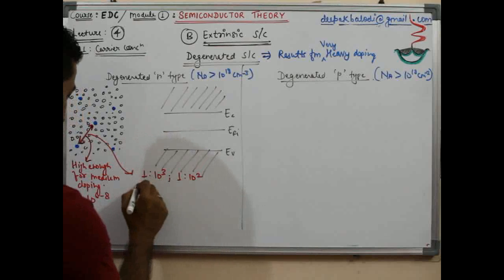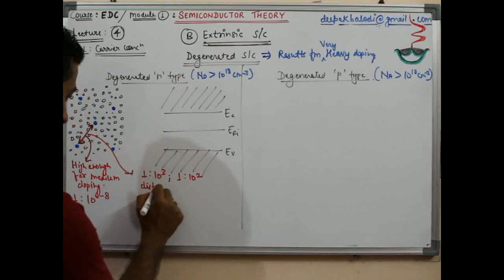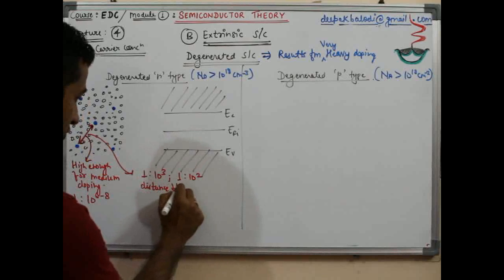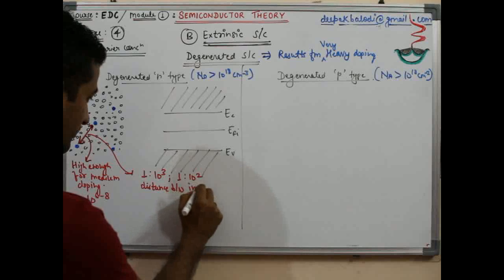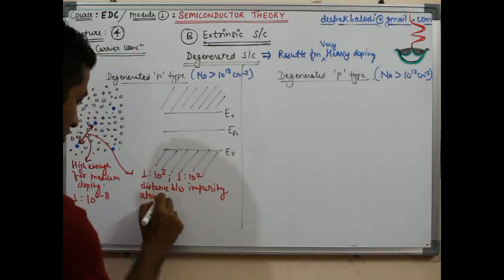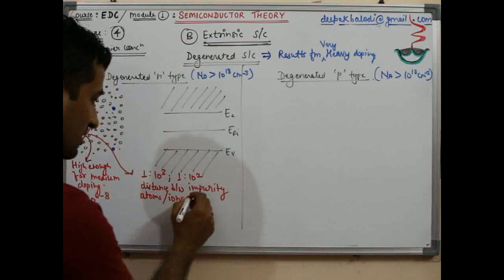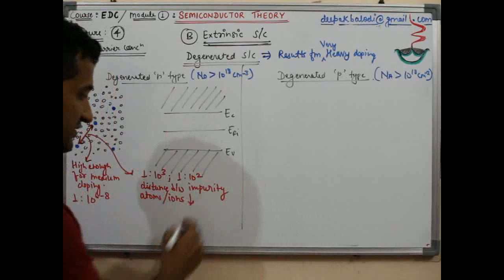Then this distance between impurity atoms, or I must say ions basically, because they have donated 1 electron, reduces significantly.